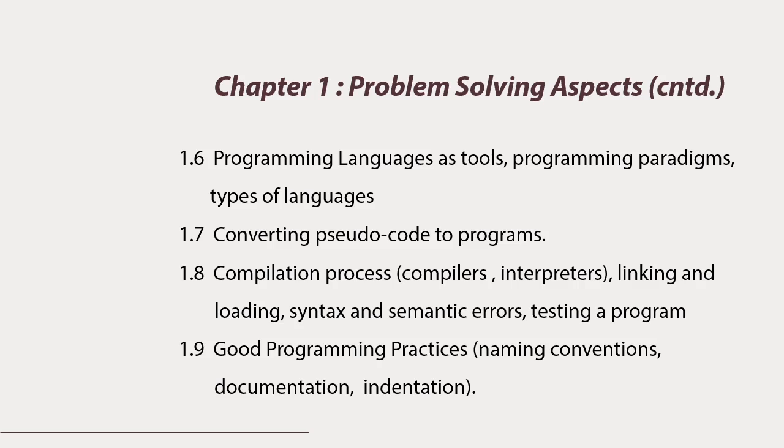The last topic in this chapter will be naming conventions, documentation and indentation. So what will be the name given to the program file, or how to document that program, and how to use indentations or spaces or tabs in our program.